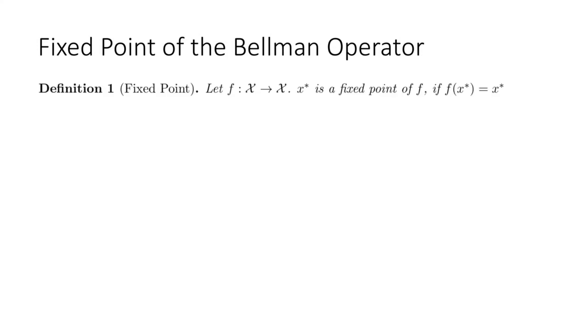Most of you may be familiar with this idea. Suppose you have a function from a space to itself. We say that x star is a fixed point of that function if f of x star is equal to x star. That is, the function is not changing that value.